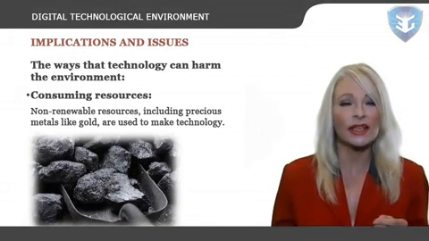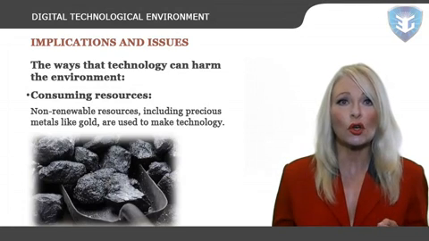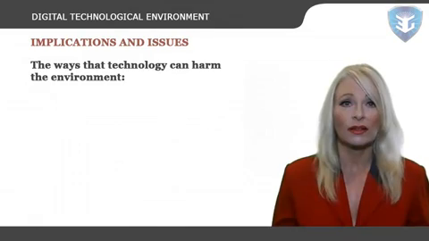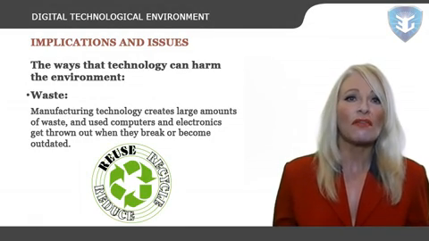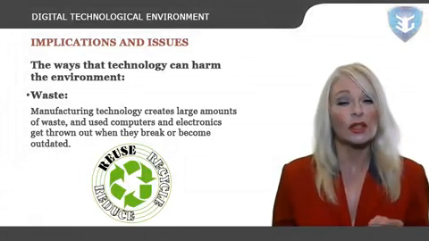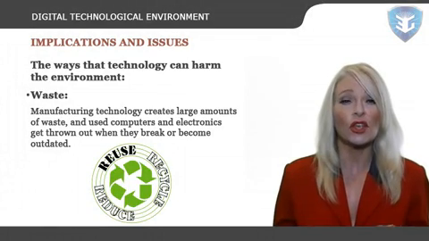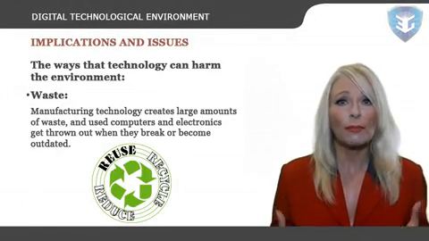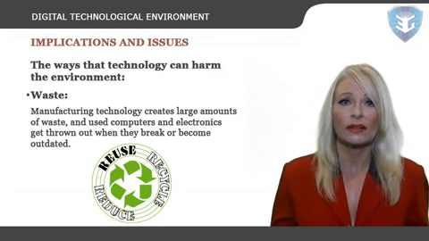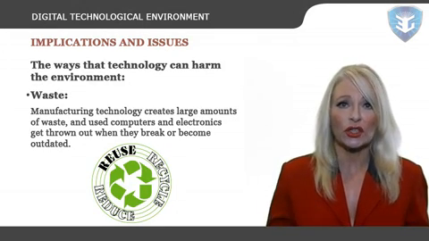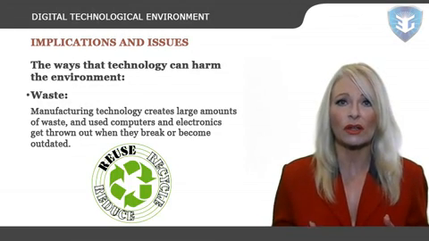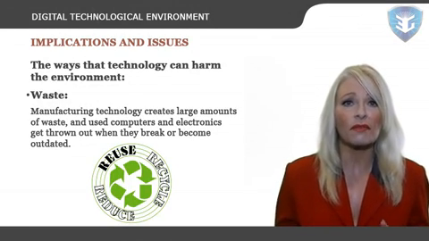Many others, such as coal, are consumed to generate the electricity to use technology. Waste. Manufacturing technology creates large amounts of waste, and used computers and electronics get thrown out when they break or become outdated. Called technotrash, these electronics contain all sorts of hazardous materials that are very unsafe for the environment.